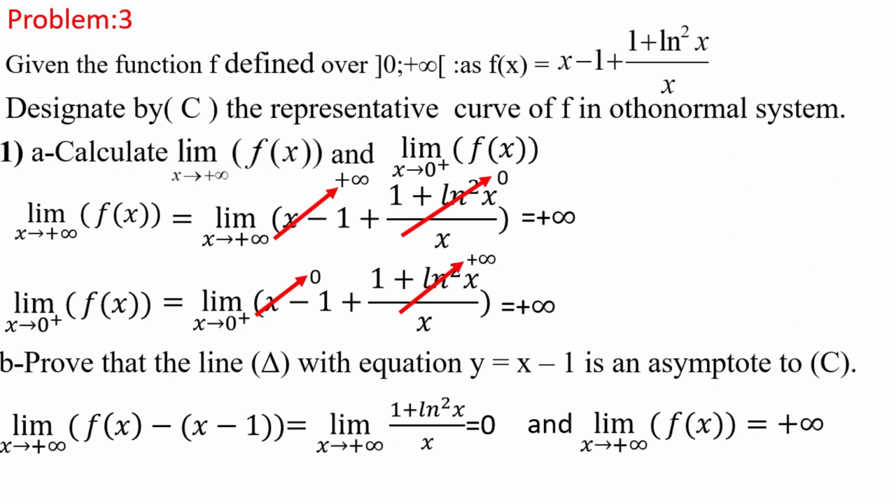To prove an oblique asymptote, we have to prove two things: the limit of f of x as x goes to plus infinity equals plus infinity, and the limit of f of x minus y of delta equals 0.